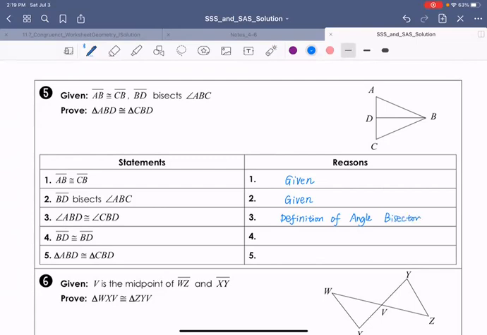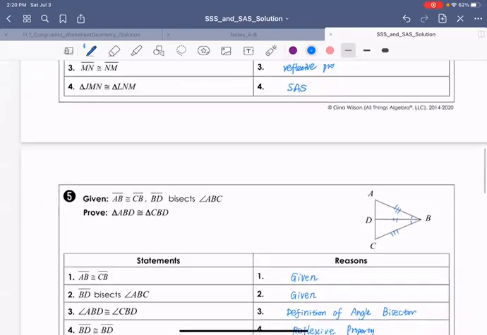Reflexive property, nice. Last one, SAS. So we prove that this is congruent, reflexive, this is congruent, and also the angle. This is supported by SAS. Okay, very good.